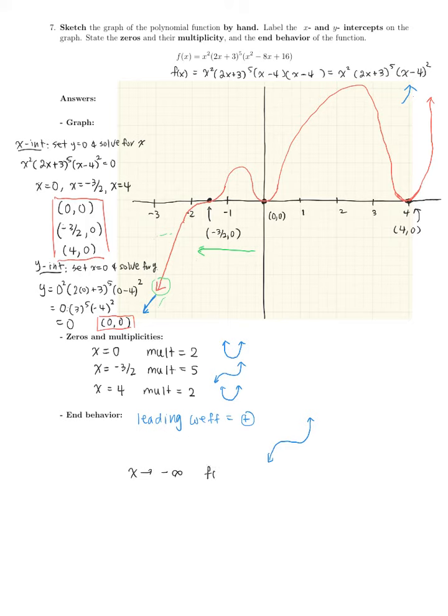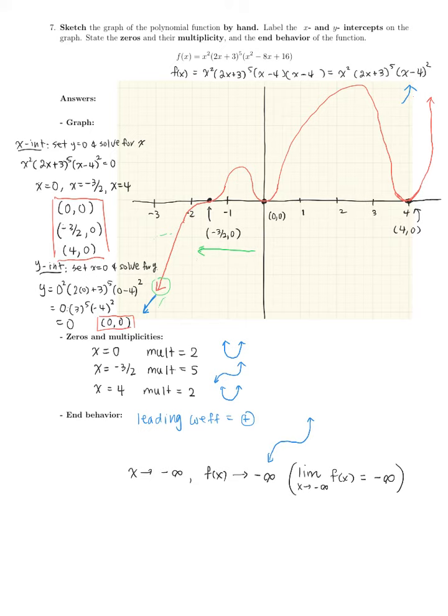So in this case, we write f of x goes to negative infinity. Those of you who are going to be taking calculus, we write this as the limit as x goes to negative infinity of f of x, this is going to go to negative infinity. But you don't have to write that. But if you want to impress me, go right ahead.